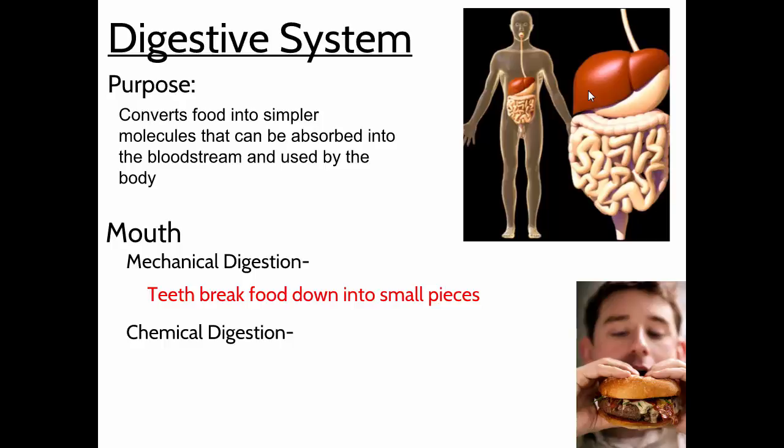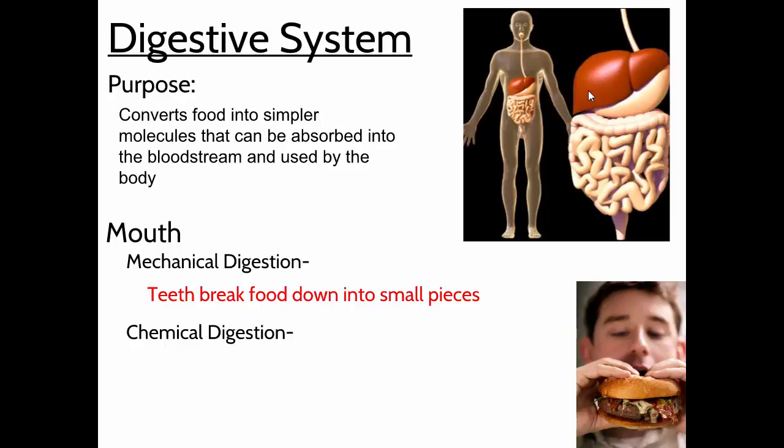If you take a huge bite of this delicious veggie burger, the first step in digestion is for you to chew it up. It's much easier for the chemicals, the enzymes in our digestive system, to work on smaller pieces. It increases the surface area by chewing. And that's why we chew up our food. So you chew up your food, you're mechanically breaking it down into smaller pieces.